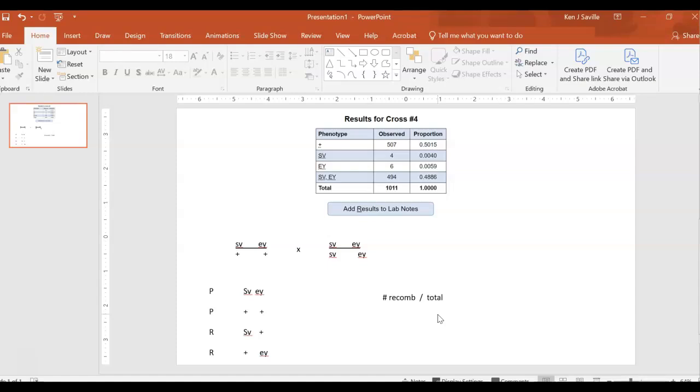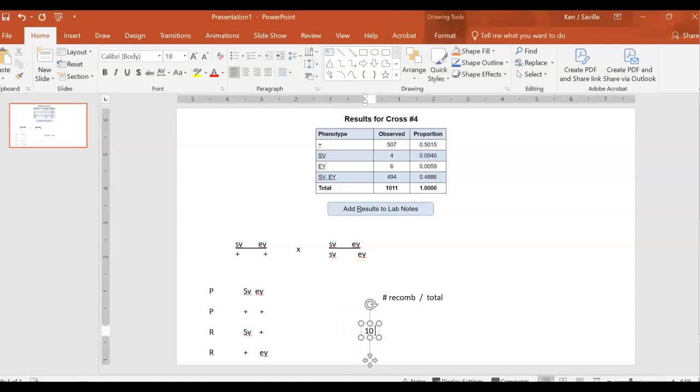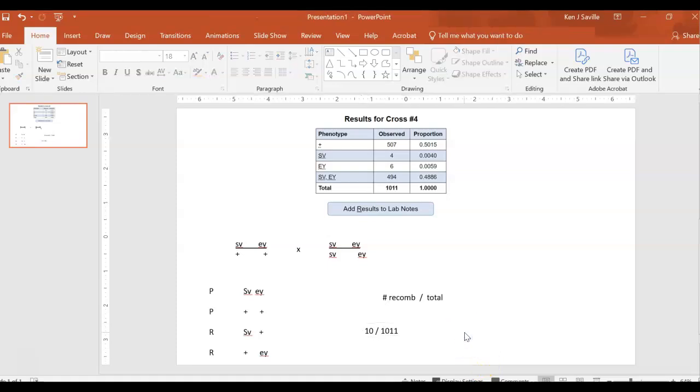So what percentage of these offspring are recombinants? Well, we got 10, and they even give you the total here. 10 divided by 1011, and that's going to be about 1%.